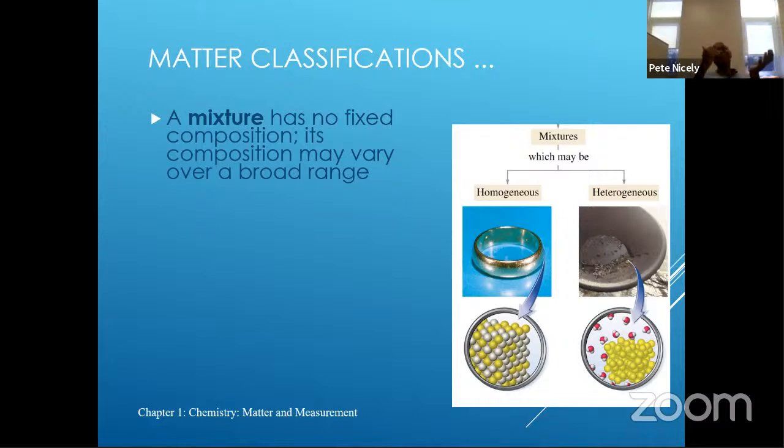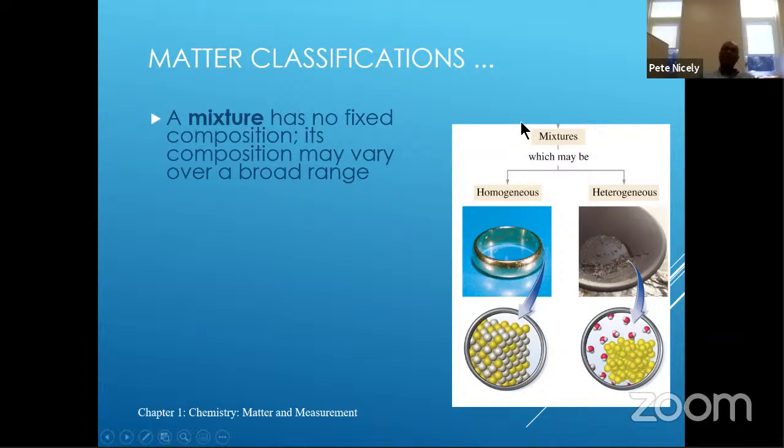It could be a 50-50 mixture, or you could have a mixture where 25% is ethanol and 75% is water, or vice versa. I mean, there's literally an infinite number of possibilities in terms of the variety of composition of that mixture, all right? So that's one big difference, and let me stress this, one big difference between a mixture and a compound. A compound necessarily must have a fixed composition. Mixtures do not have a fixed composition, all right?